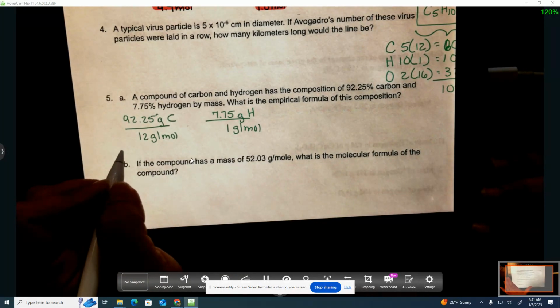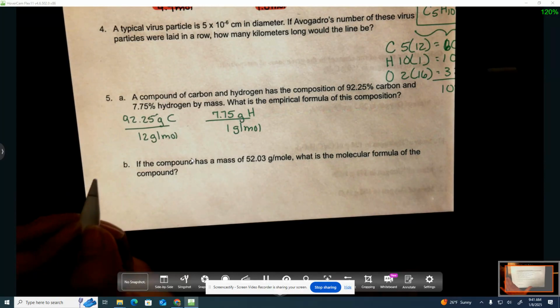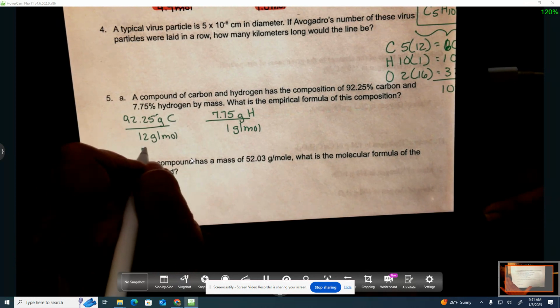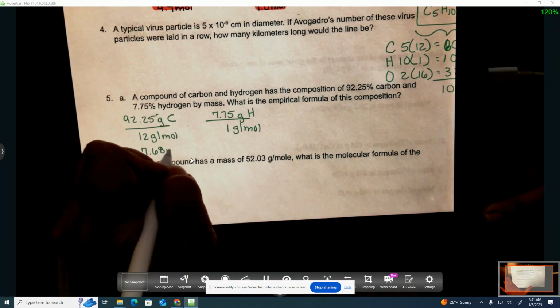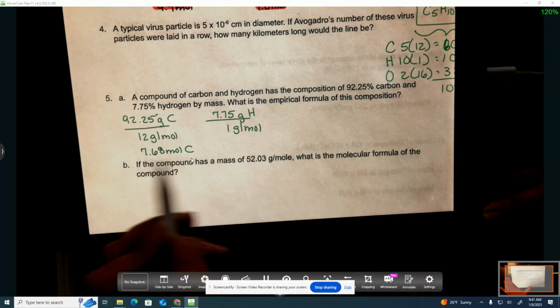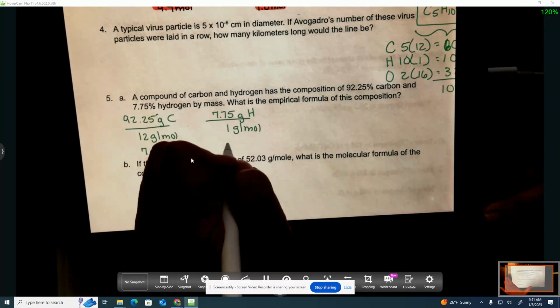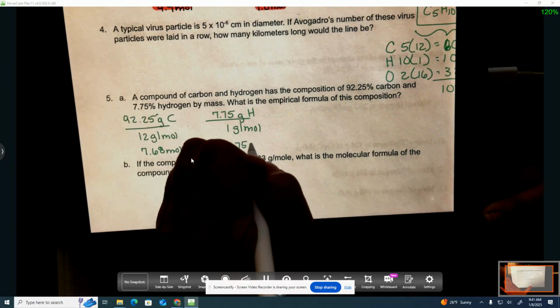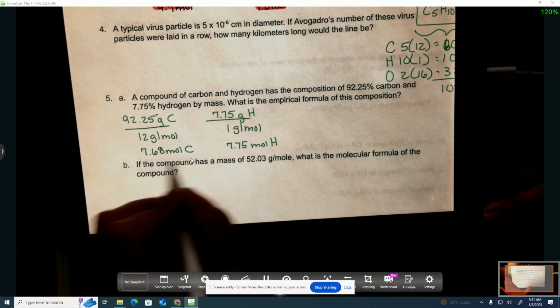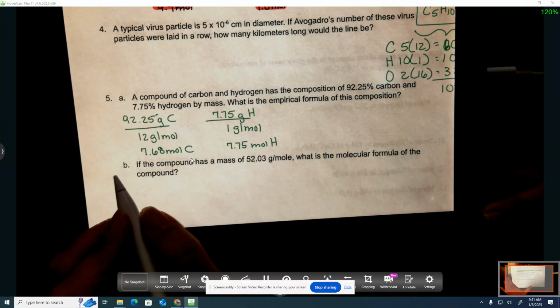Okay, 92.25 divided by 12 is 7.68 moles of carbon. Keep it labeled. 7.75 moles of hydrogen. Oh, those are pretty close to each other. It looks like we're going to get to 1 to 1.